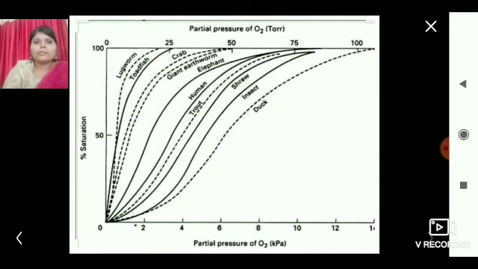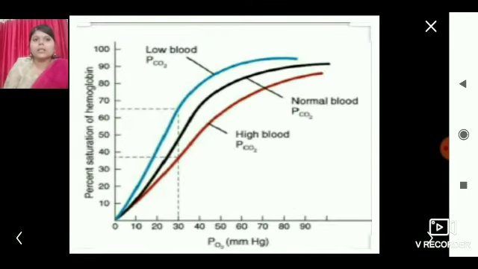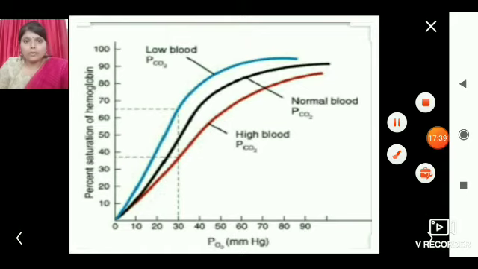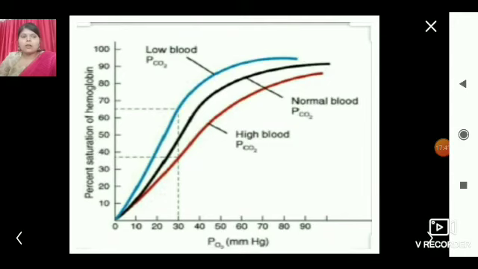Understood? Okay, so this is again a picture which shows how Bohr's effect acts on the body, on us. How exactly does Bohr's effect occur?